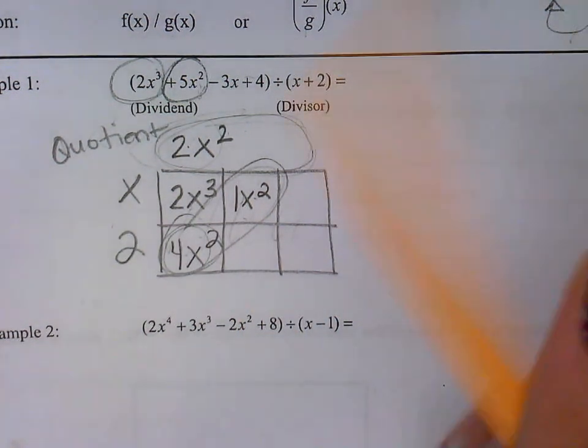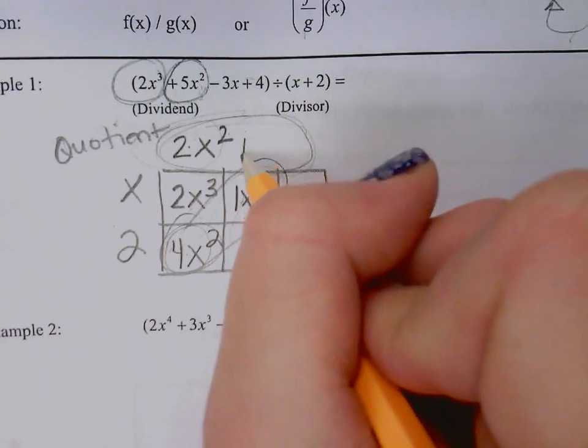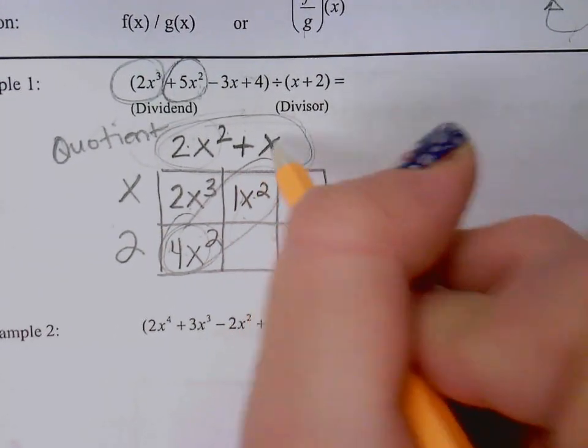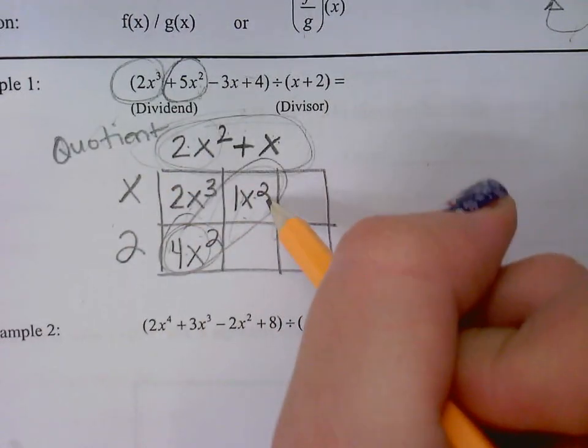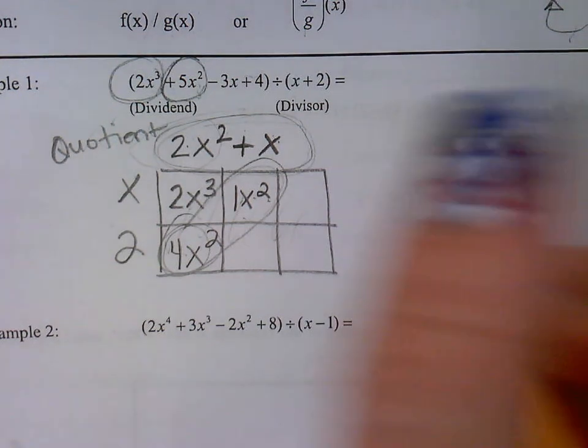All right, now I can do the outside of the box again. So what has to go in my quotient to make this true? So x, right? So plus x goes in my quotient. So x times x is x squared. Now, do you see another box that you can fill in? The bottom. So what's the bottom box going to be? 2x, yep.